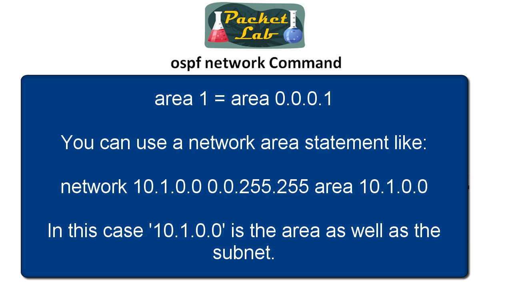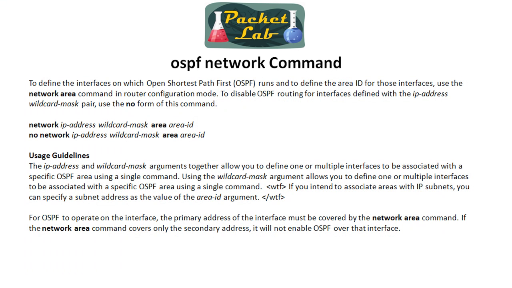Instead of doing area 1, you could do area 0.0.0.1. So you can actually have areas that match your IP subnet. So if you had an IP subnet of 10.1.0.0/16, you could have the area be 10.1.0.0. I think that's what they mean here. Otherwise, I have no clue what they're talking about. And really, I don't know anybody that really does that. Usually they just use integers for the area, but either way, that's not going to be important to this lesson.